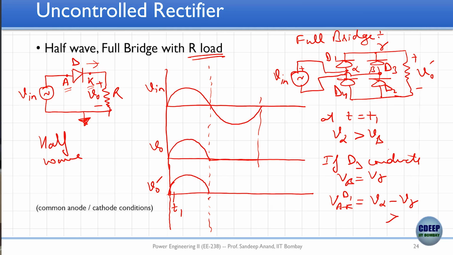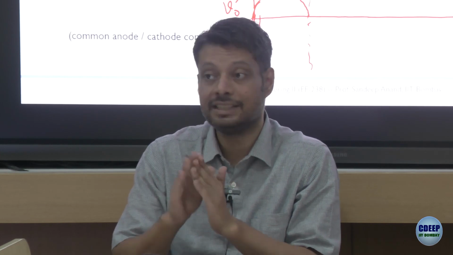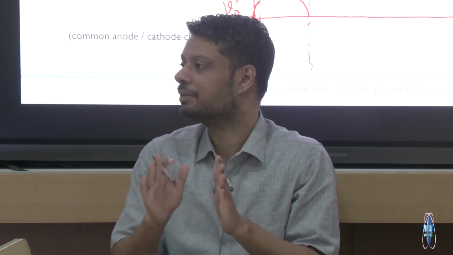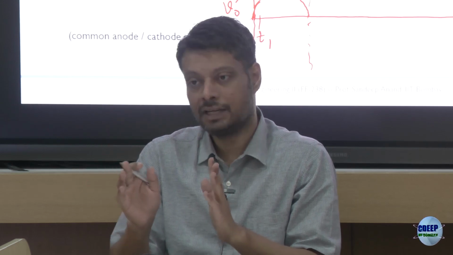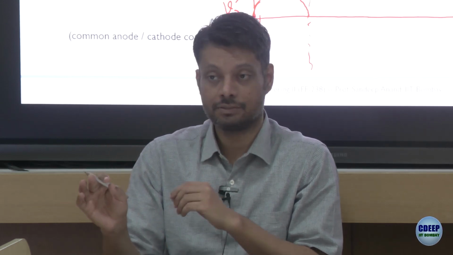Because V alpha is more than V beta, and therefore D1 will also conduct. So if I assume D3 conducts, D1 will conduct. If I assume D1 conducts, then D3 will not conduct. And then you get the sense and you can prove that D1 will conduct, D3 will not conduct, nothing to do with the output voltage.